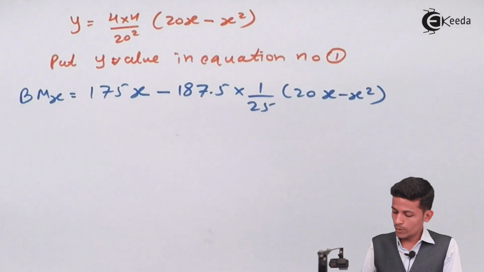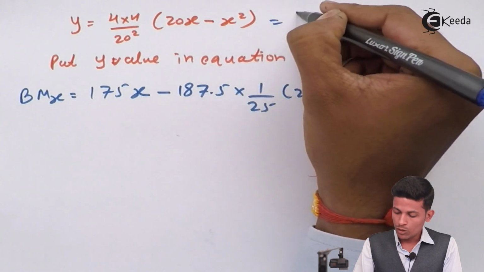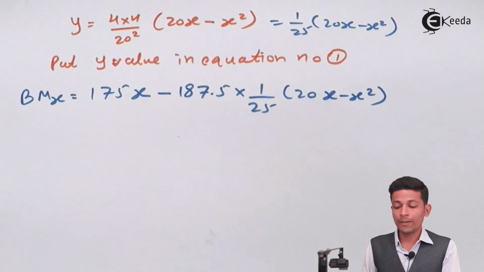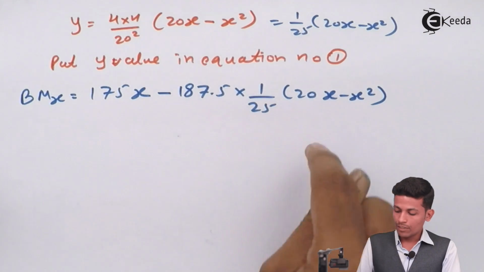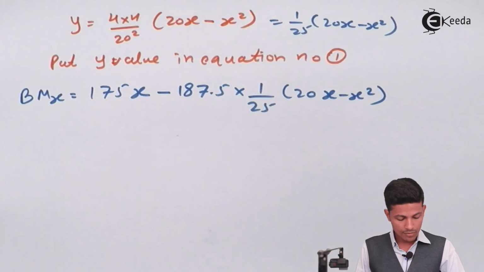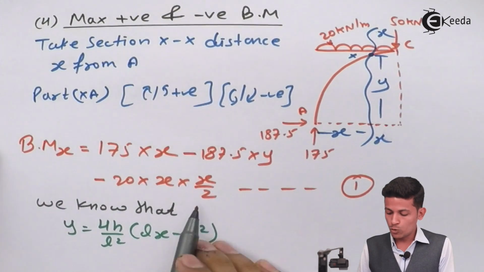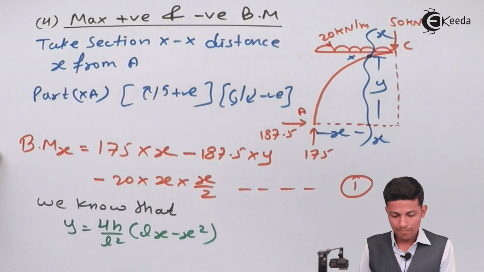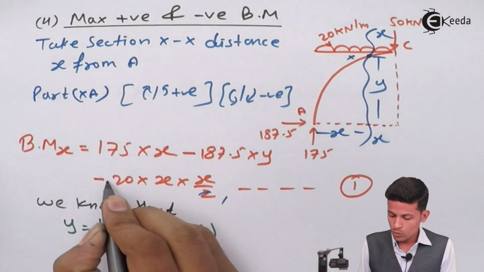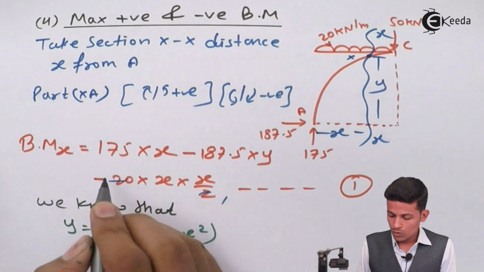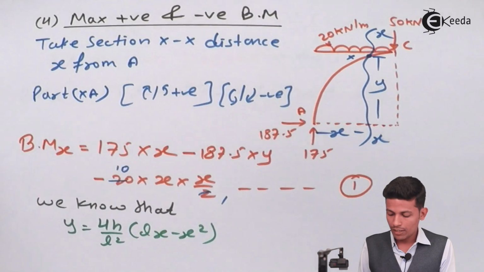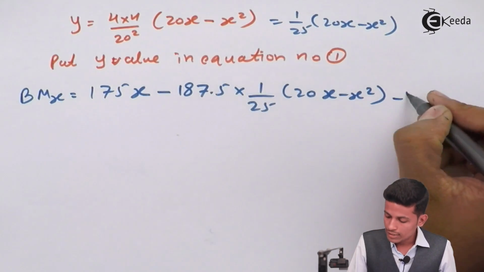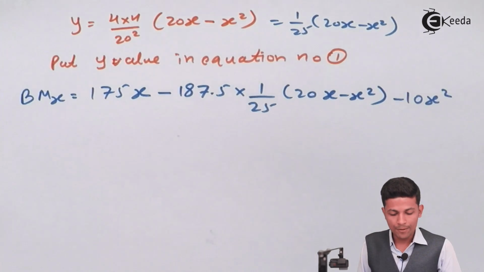Then you also have this other term, so the two ones and two tens cut, giving 10x square. So minus 10x square also over here.